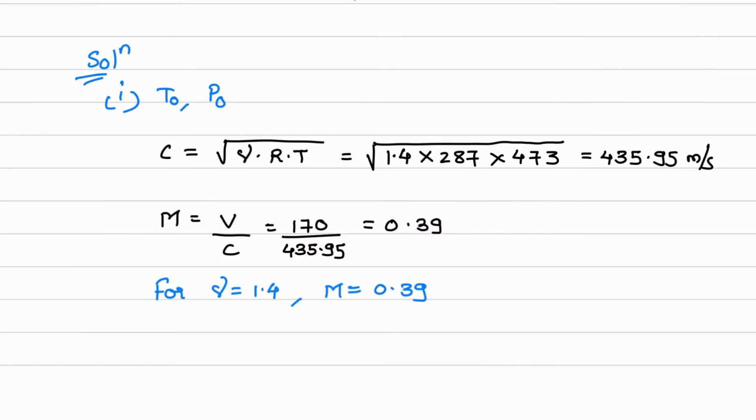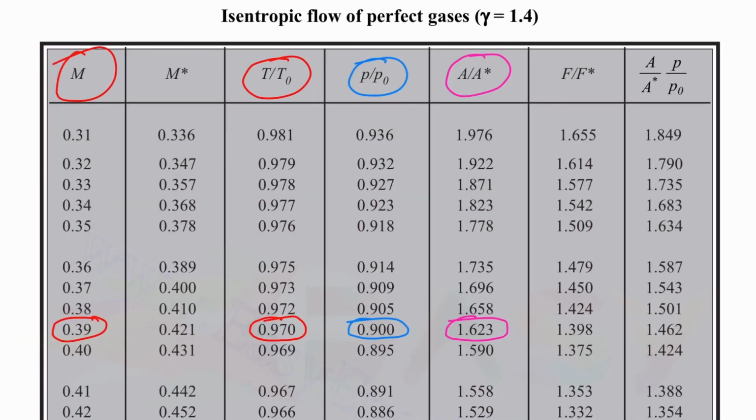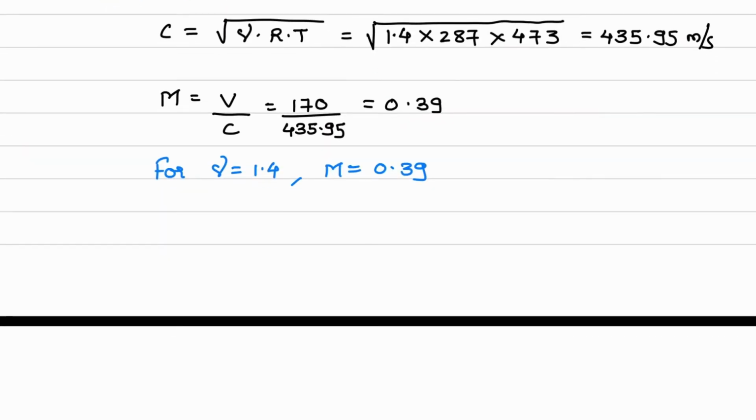So I'll go back to the numerical. What was the page number there? In the exam you have to write down the page number as well. From the gas table, page number 29, I will get these values. So I'll write down over here: from gas table, page 29. What values do we get here?